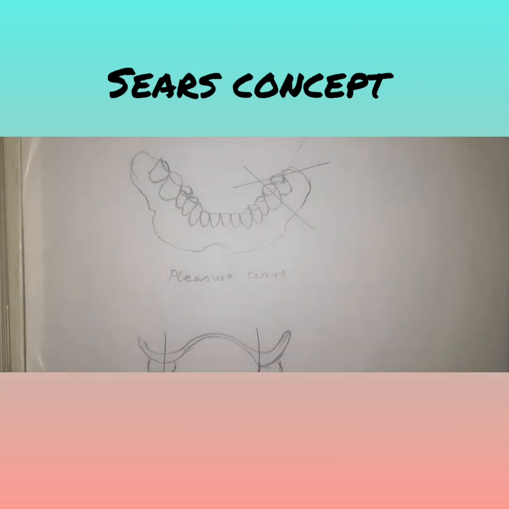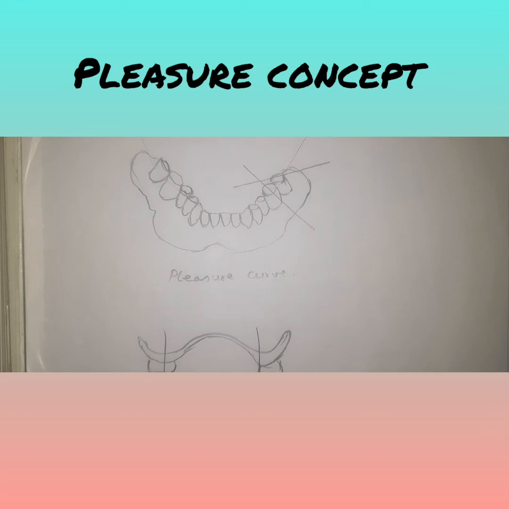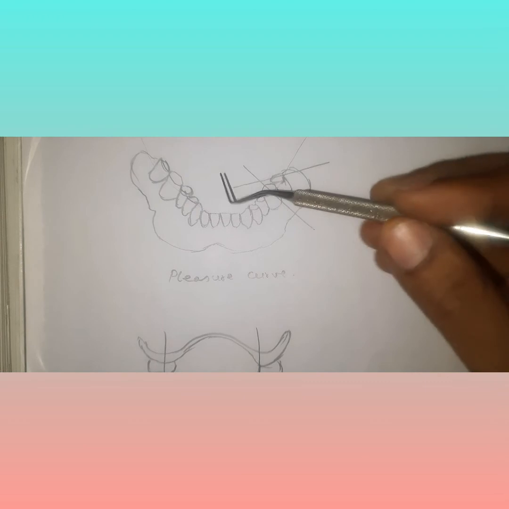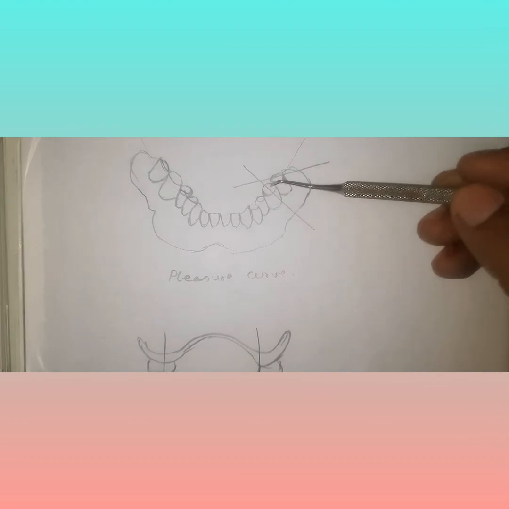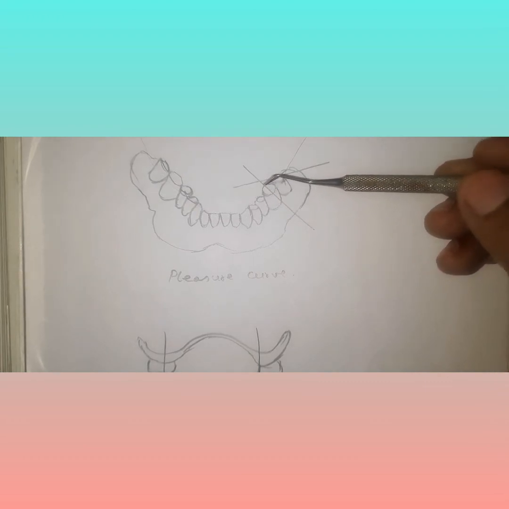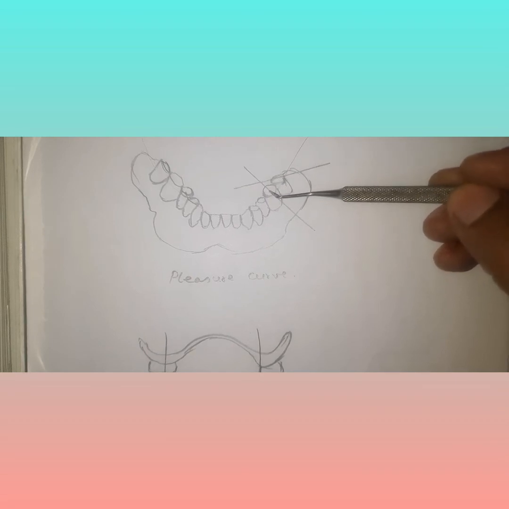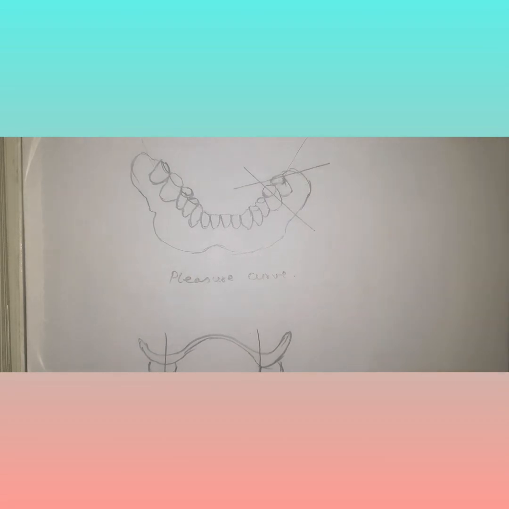Next is the Pleasure concept, which was given by Max Pleasure in 1937, and he introduced this concept to align and arrange the posterior teeth in order to increase the stability of the prosthesis. So he used a reverse curve in the first premolar, a flat occlusal surface in the first molar, and a Monson curve on the second molar in order to achieve balanced occlusion.